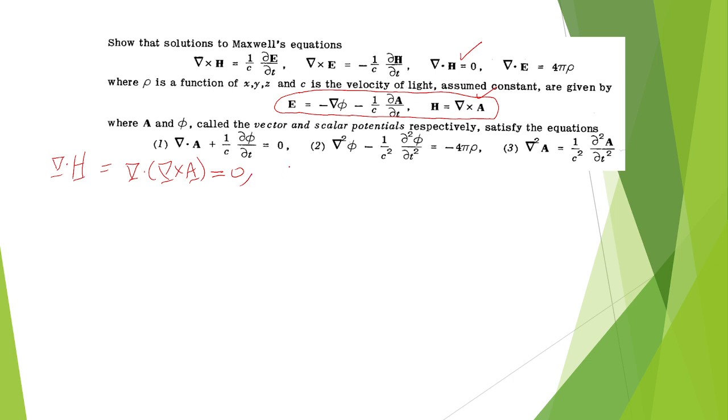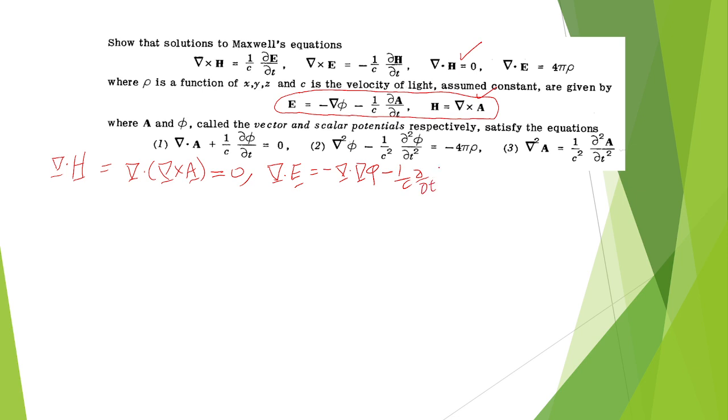Now check the divergence of E. So apply the divergence on this E on both sides. The divergence of E is equal to minus the divergence of grad phi and minus 1 over c, partial by partial t.